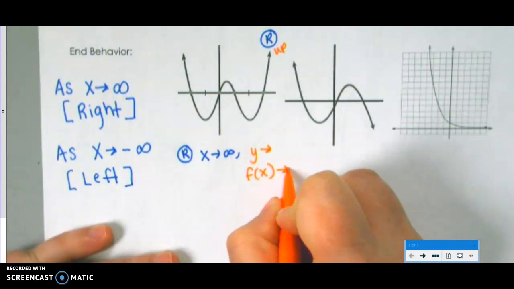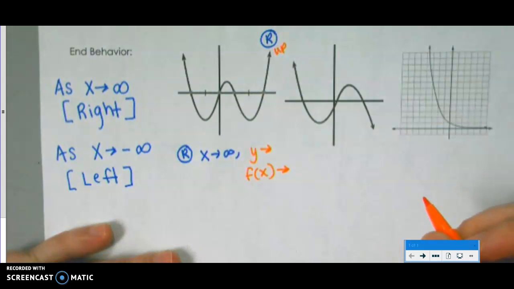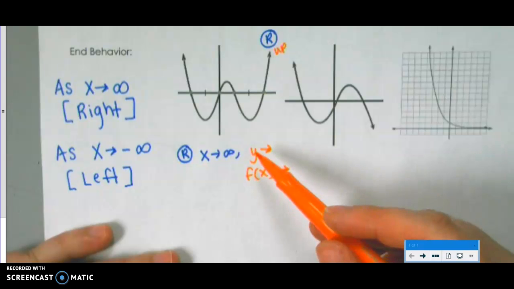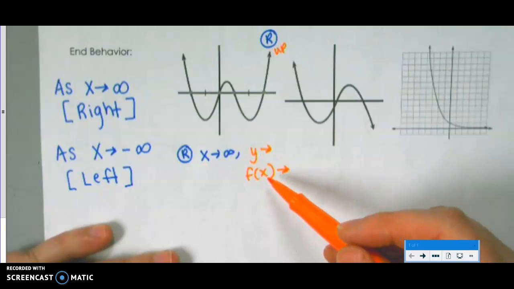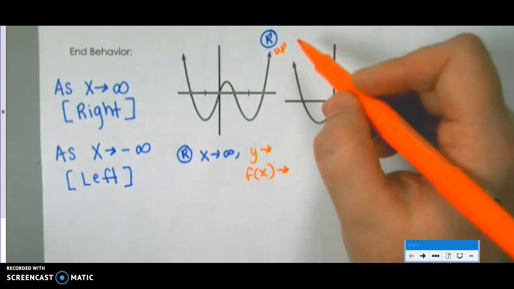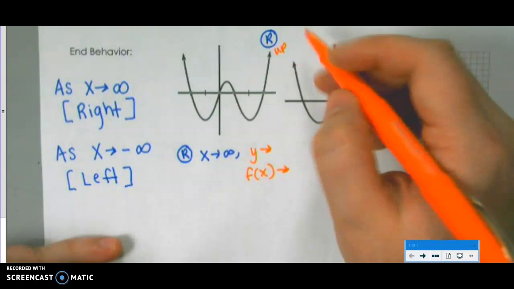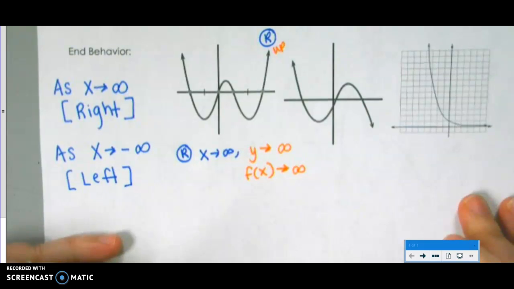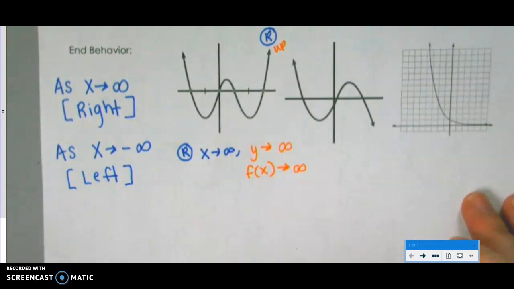Those are the same thing. And sometimes, depending on how much time I have, I just swap back and forth between writing it with y and writing it with f of x. But the fact that that arrow is pointing up forever and ever and ever, that would be positive infinity.